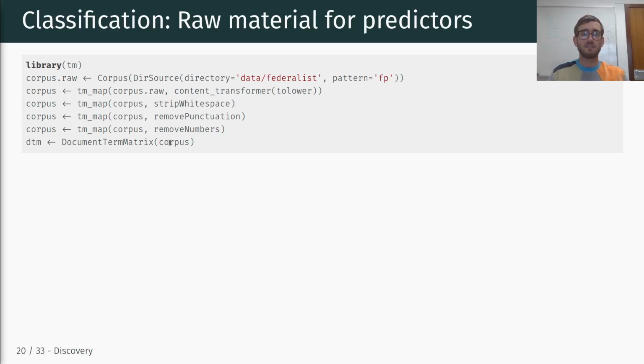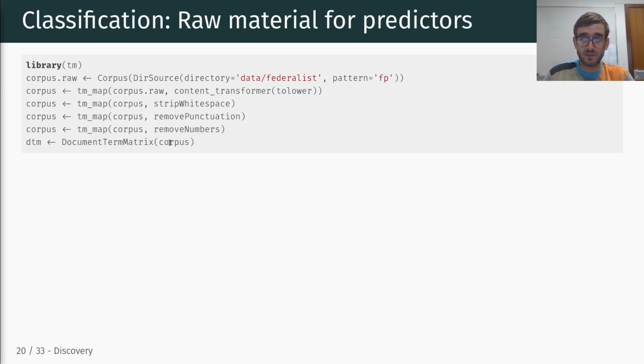And the idea behind a document term matrix is to turn the text into a large sparse matrix where each row is one document that is included, so one of our 85 essays of the Federalist Papers, and each column, each variable, so to speak, is a token, a term that appears in one of the documents.